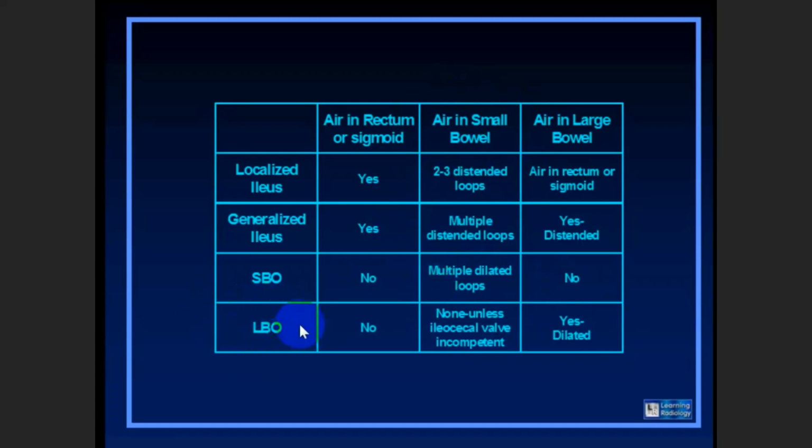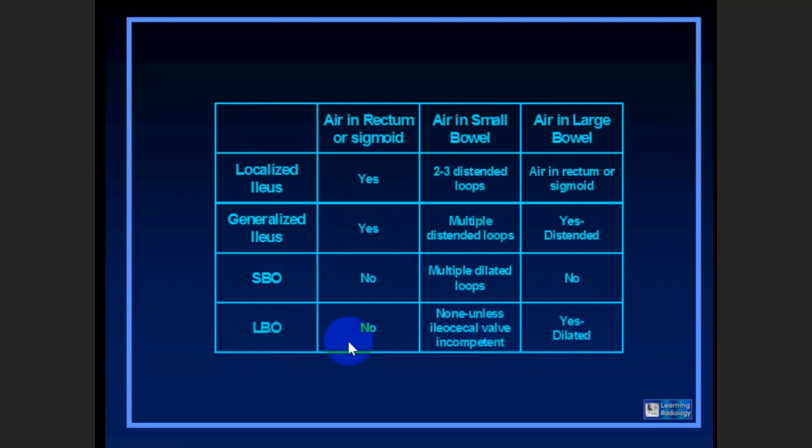In cases of large bowel obstruction, the distal portion of the large bowel, the sigmoid and rectum, normally shows no gas. And the rest of the large bowel must be dilated, according to the rule of 3, 6, 9. 3 stands for small bowel, 6, as we said before, for the rest of large bowel, and 9 for the cecum.